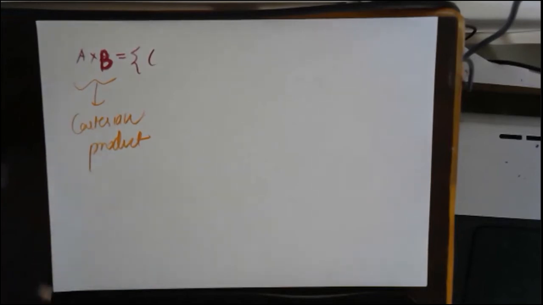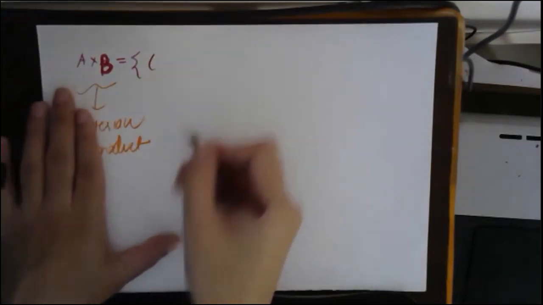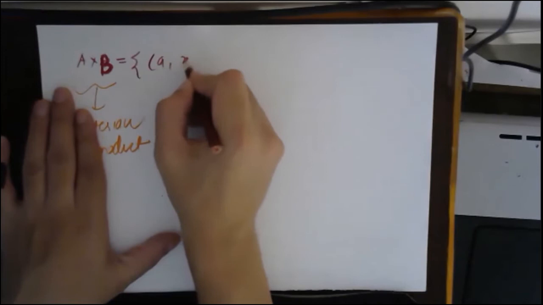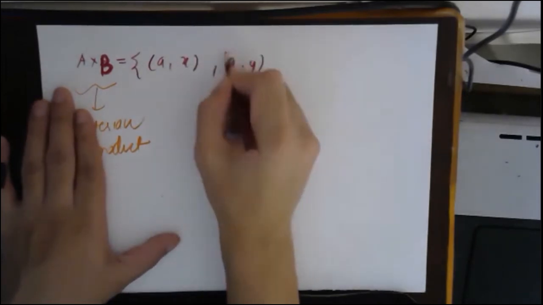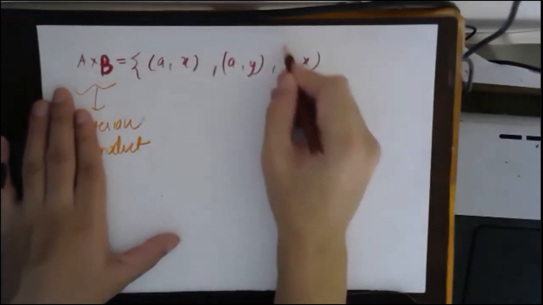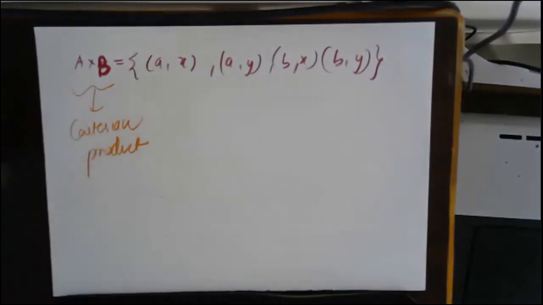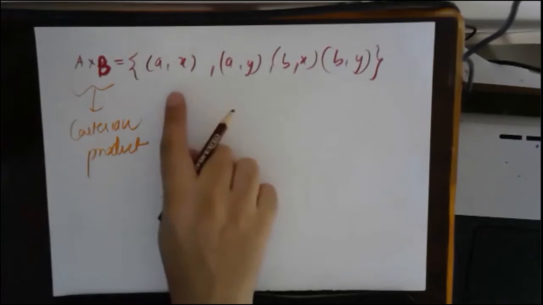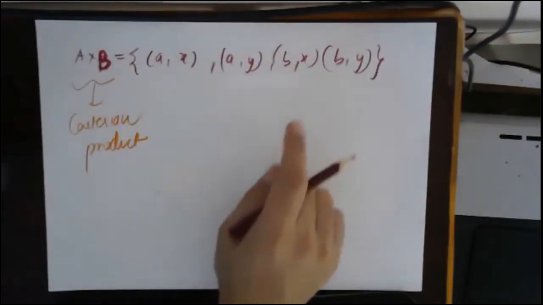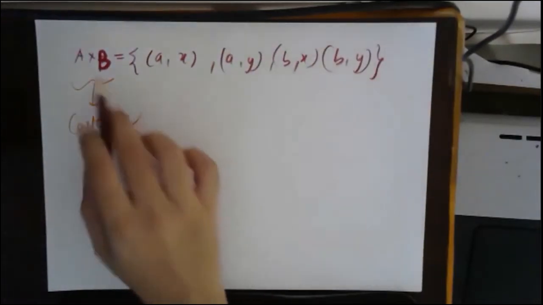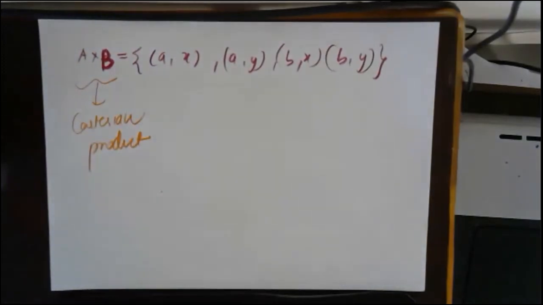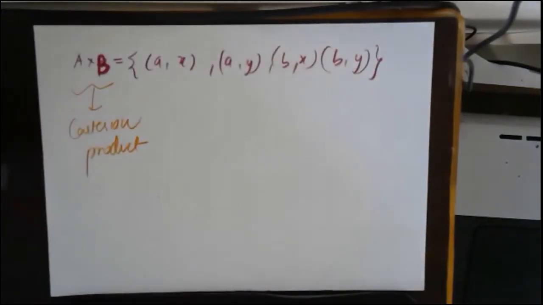So the Cartesian product contains the elements (A, X), (A, Y), (B, X) and (B, Y), right? So tell me what will be set A and what will be set B. Just looking at this, can you tell me what is set A and set B?